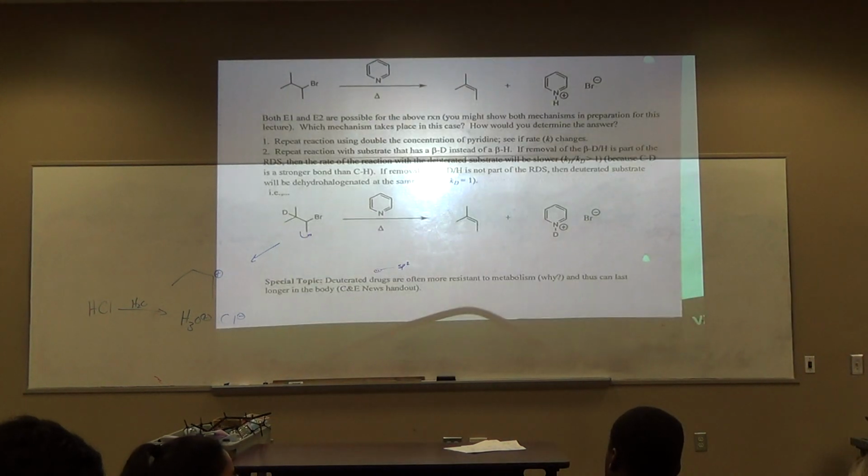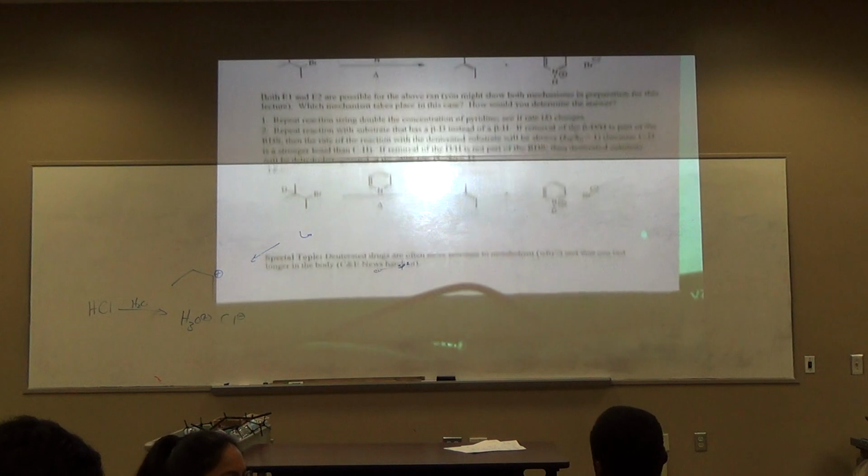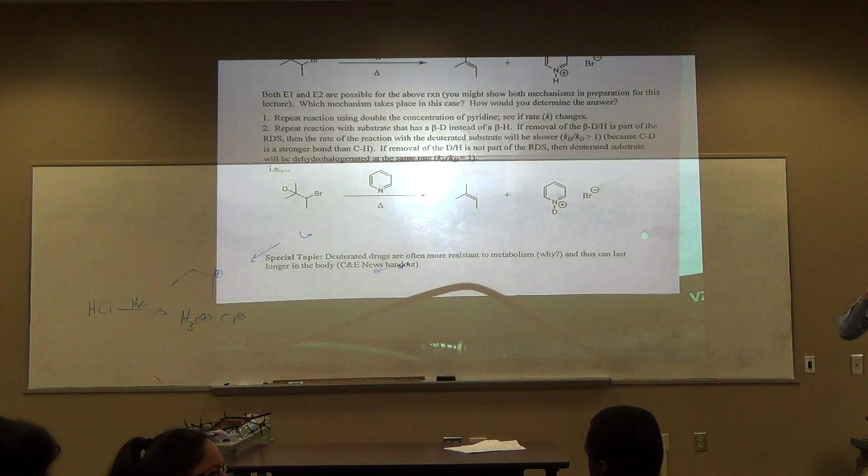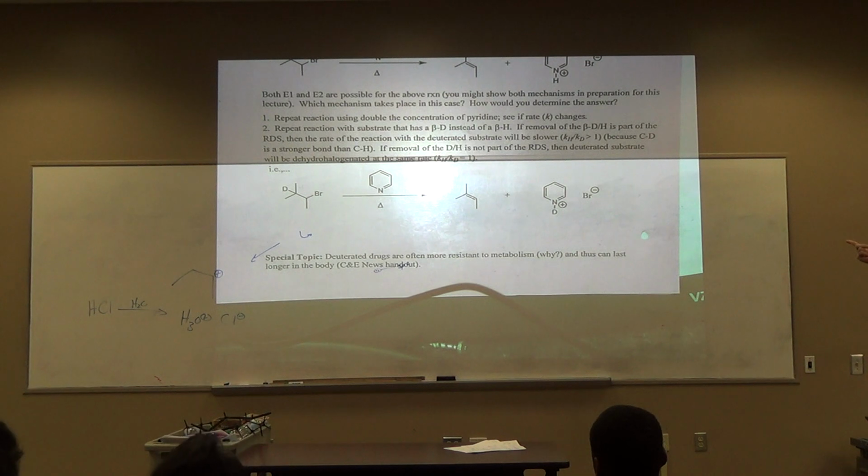Okay. Is there a question? Yeah. So if you wanted to determine E1 or E2 for the reaction, would you need experimental data to support it? Or is there any way to do it by hand? No. We looked at it. Strength of base, chemical outcome. There's nothing there that I can see to help you determine without some actual data.